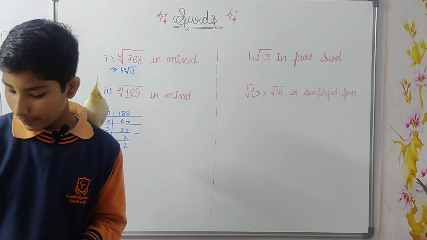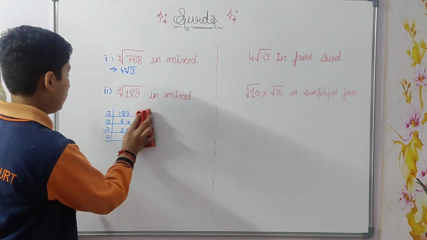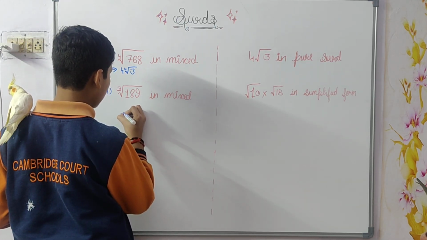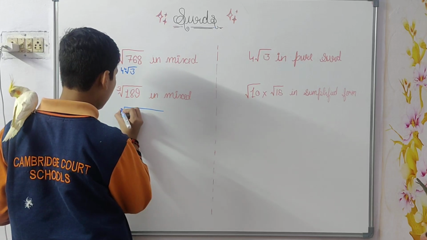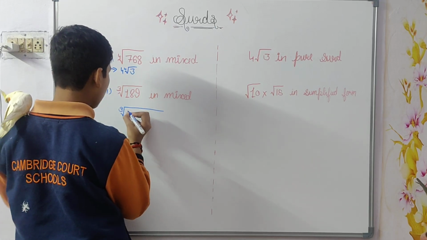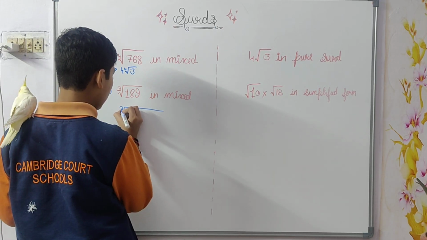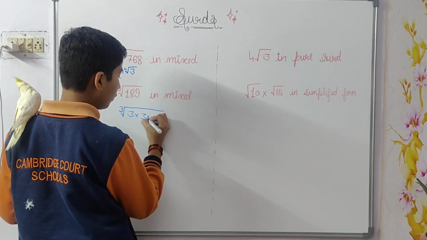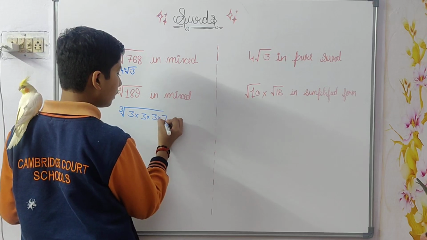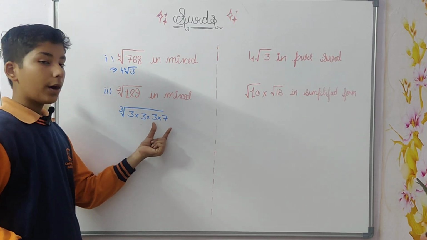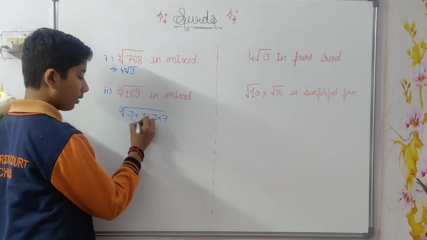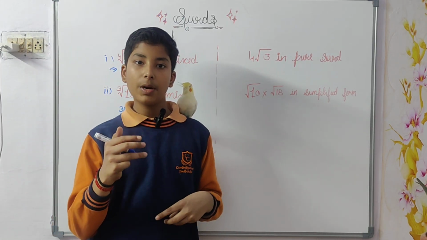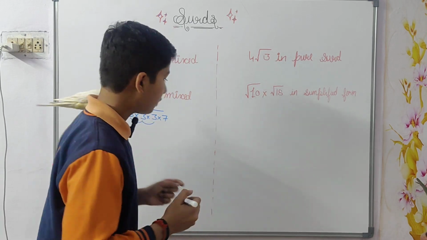So how will we write it? We will write it as cube root of 3 into 3 into 3 into 7. Okay, now if you make the pairs, we have got the pair of 3, but 7 is left.